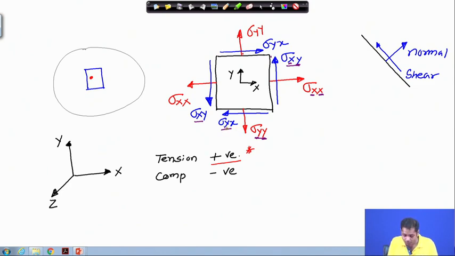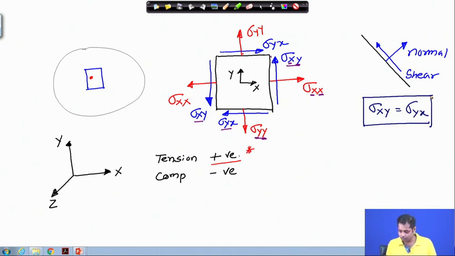Because the first one, y, is the plane on which it is acting, perpendicular to y direction, and on this plane it is acting in x direction. That is why it is sigma yx. We'll see shortly that sigma xy is equal to sigma yx, but just bear with me for some time to come to this point.